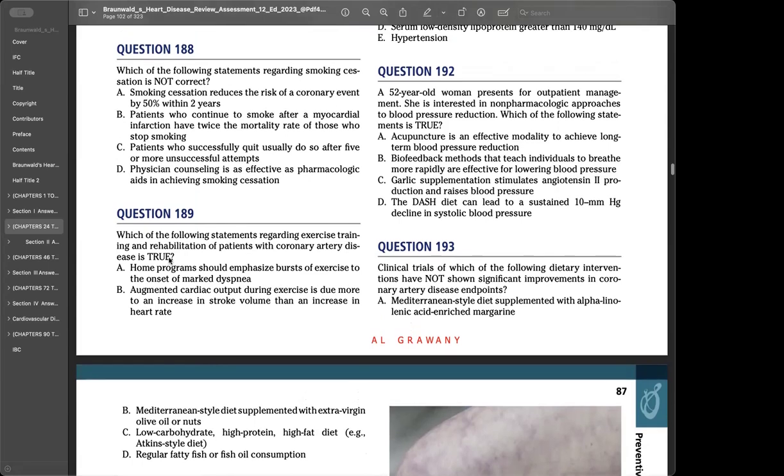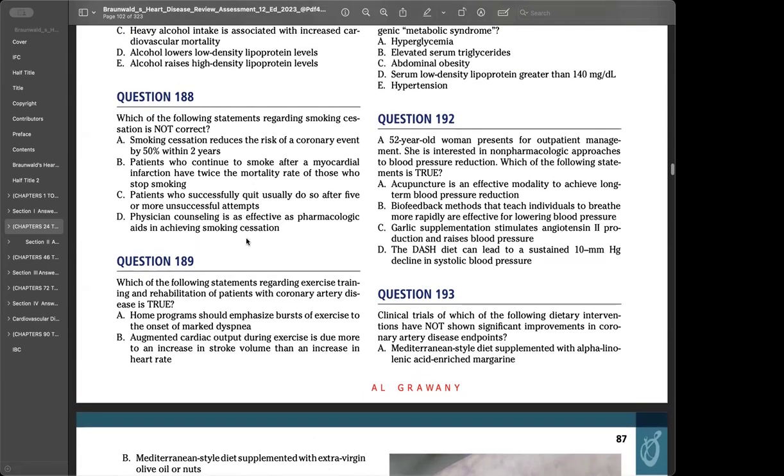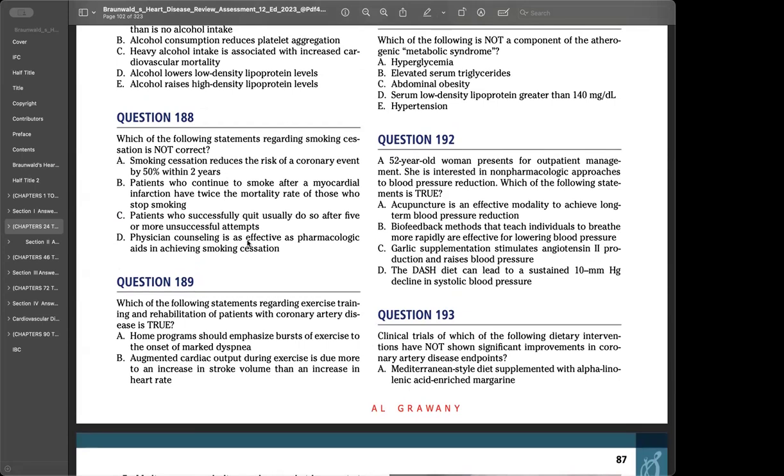So question 188. Which of the following statements regarding smoking cessation is not correct? A, smoking cessation reduces the risk of coronary event by 50% within 2 years.